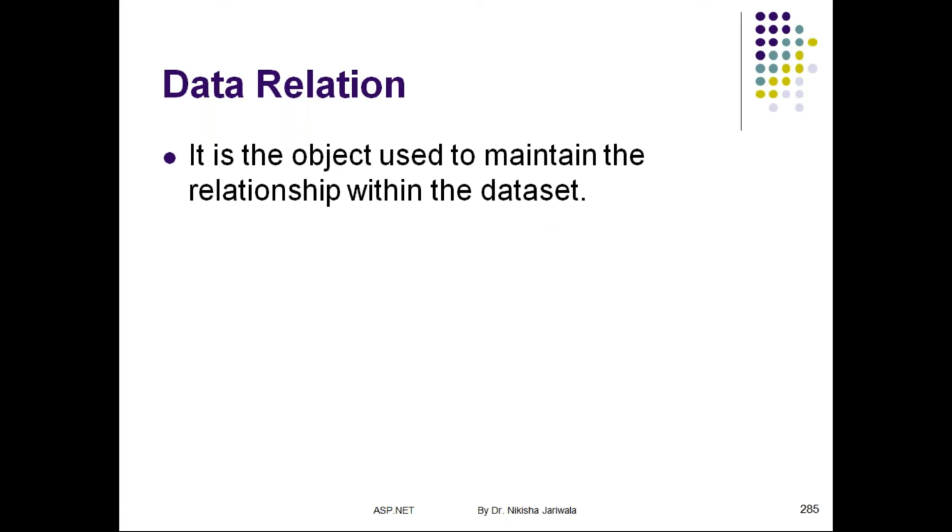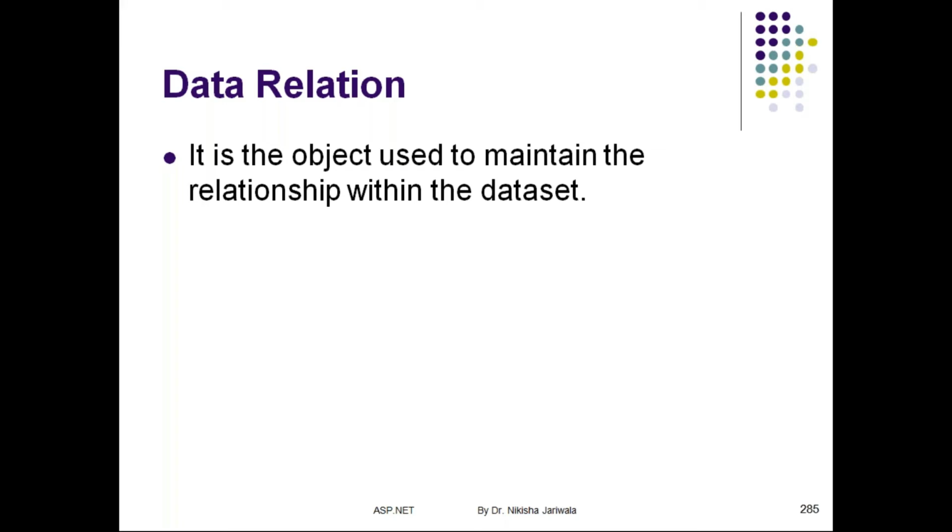Now, another important object that we need to consider within a dataset is data relation. What is the significance of data relation? It is used to specify the relationship between the tables which are present within the dataset.